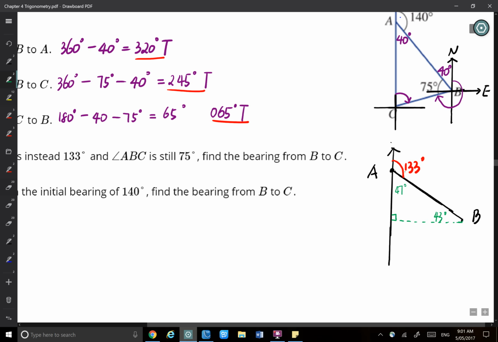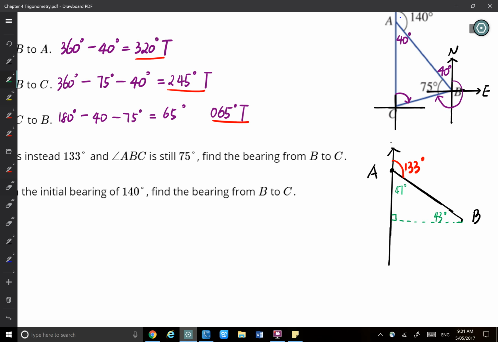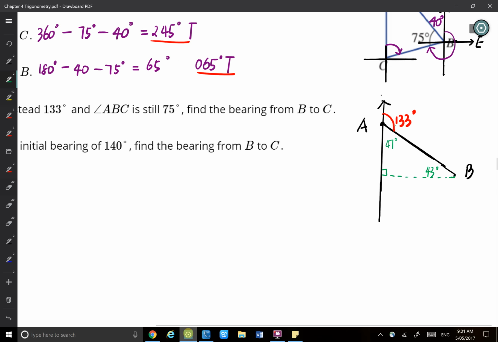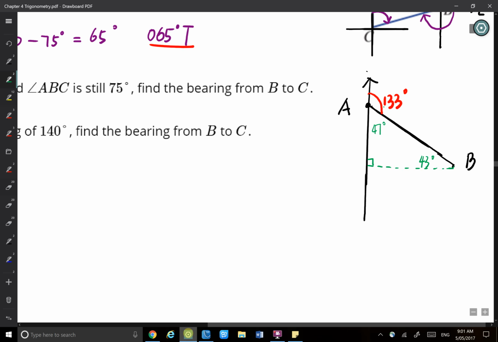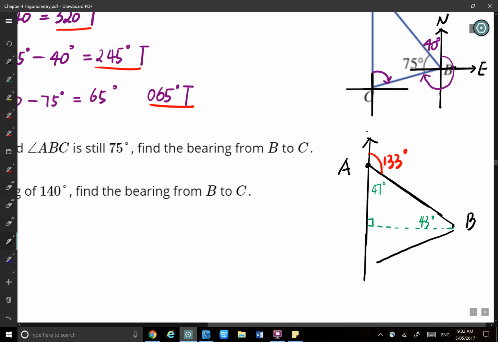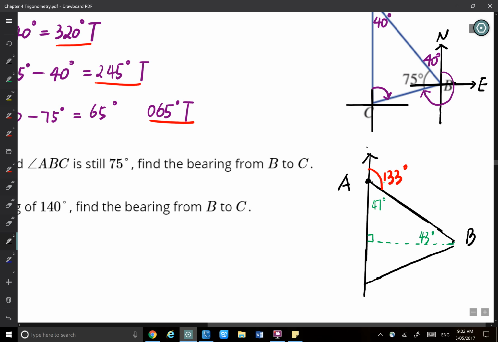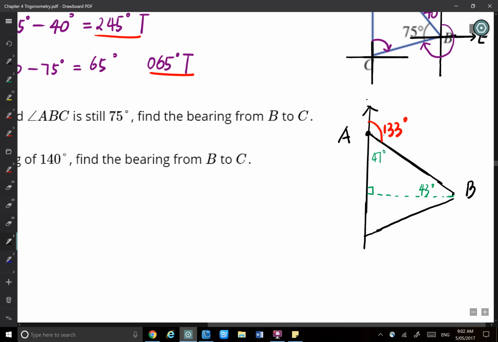Here is 43, if you can see it. And then I need to go 75, another 30 something, which is here, and reach the point C.